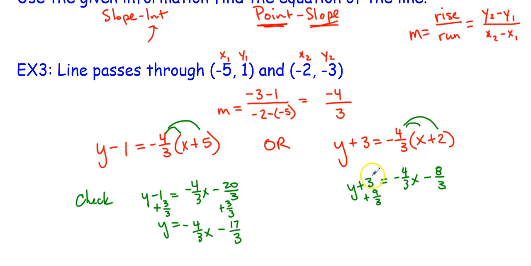It's equivalent to 3. And if I want to cancel these, I'm going to subtract it, so minus 9/3. And if we simplify, we're going to be left with y equals -4/3 x, -8 minus 9 gives me -17/3. Absolutely, it is the same exact equation. Whether we plug in the first point or the second point doesn't really matter.